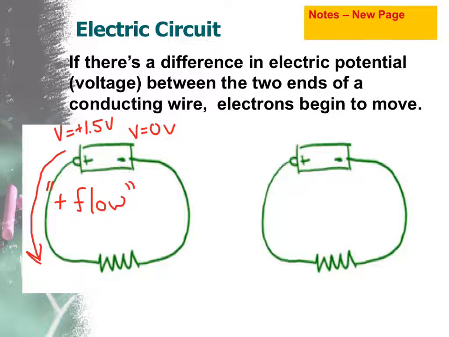This is what they thought in the 18th century, and because that's when we started doing research on this stuff, that kind of stuck. So when we talk about electric circuits, we almost think of this flow traveling from positive to negative, or from high electric potential to low electric potential.